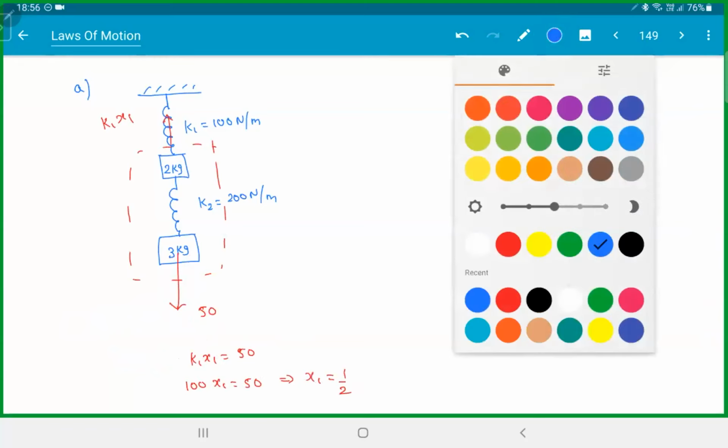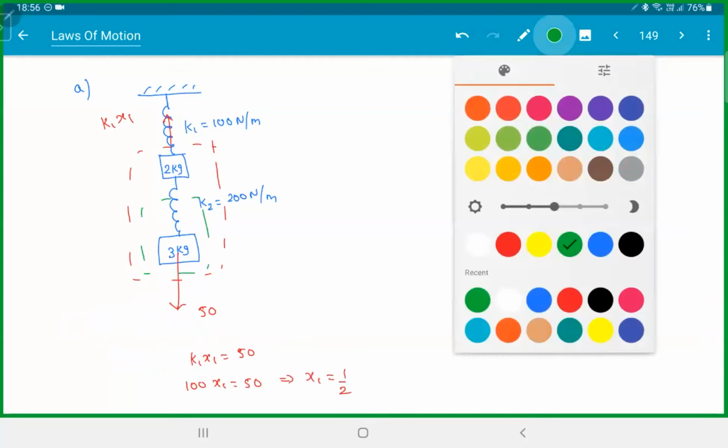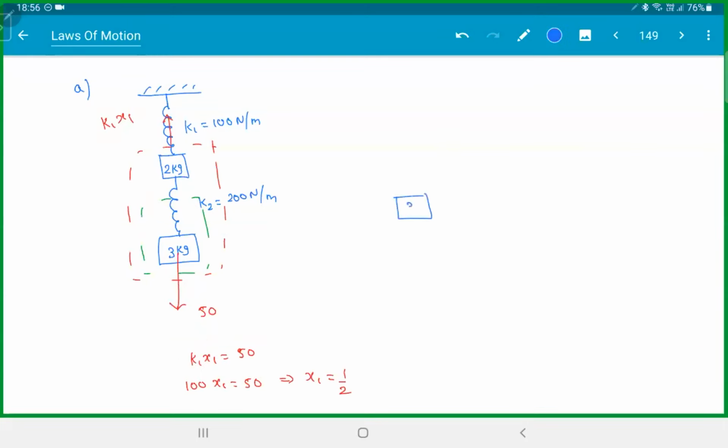Now, if you take the 3 kg as one system, this force will be K2 x2 balancing 30, and you will get K2 x2 is equal to 30. x2 will be 30 by 200. You don't have to take the whole thing as one system.